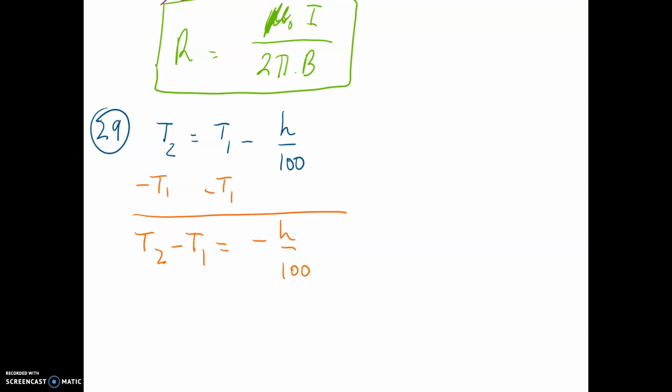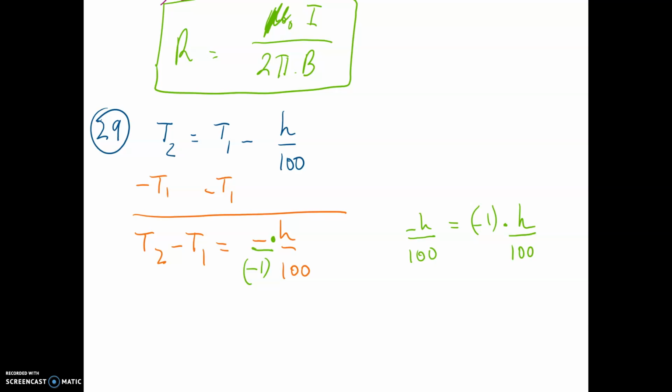And now it's going to be very easy to get rid of the negative because I know I need to divide by negative 1. Negative H, remember, is just negative 1 multiplied by H. So when you have that divided by 100, it's like negative 1 multiplied by H divided by 100.